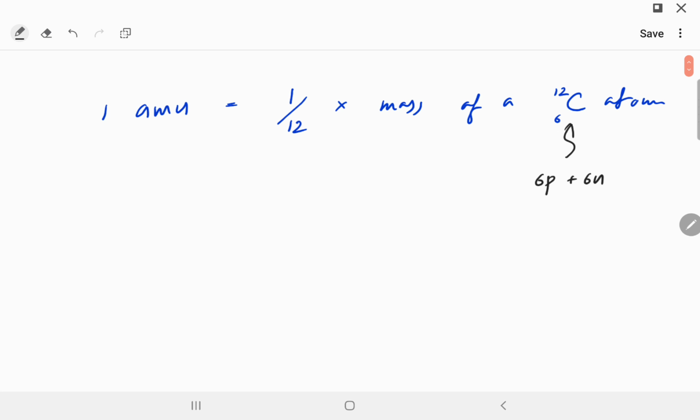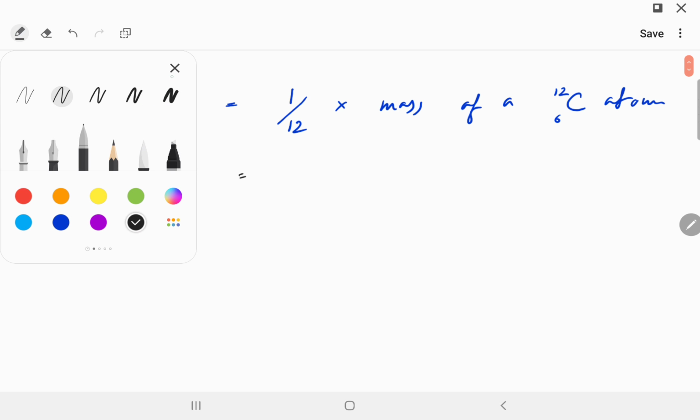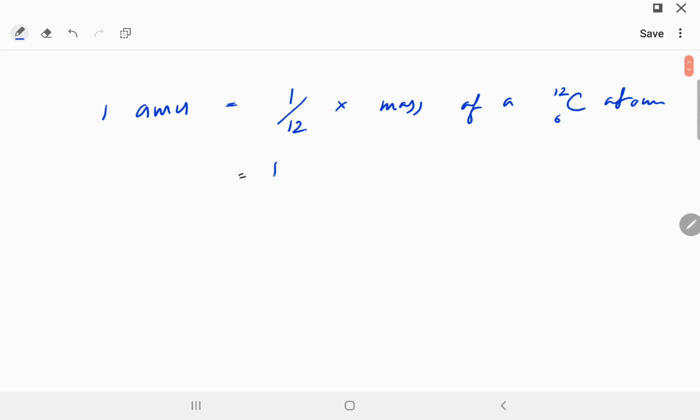That matters for the mass, right? So 1 AMU is 1/12 the mass of a carbon 12 atom. Rather than calling it like that, you can rewrite this using protons and neutrons. So you can say it is 1/12 the mass of 6 protons plus 6 neutrons.